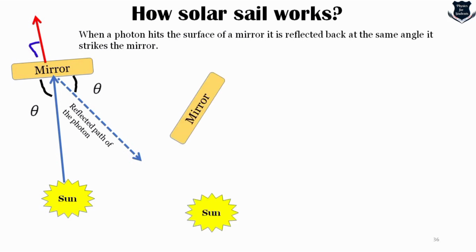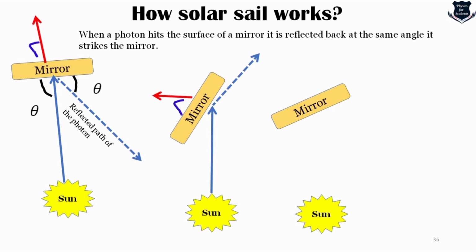If I tilt the mirror a little bit, the light strikes and goes around this way, here is the angle and it reflects in this way. Again I put the mirror this way, and this time it reflects in this way.